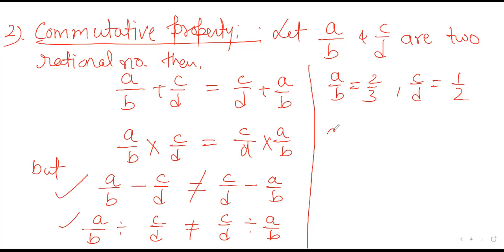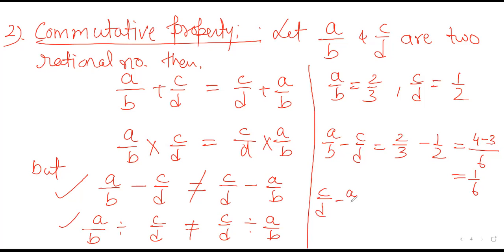So for subtraction, a upon b minus c upon d, solving here, 2 upon 3 minus 1 upon 2, the LCM will be 6, and that is 4 minus 3, that is 1 by 6. But if you do c upon d minus a upon b, that is 1 by 2 minus 2 by 3.